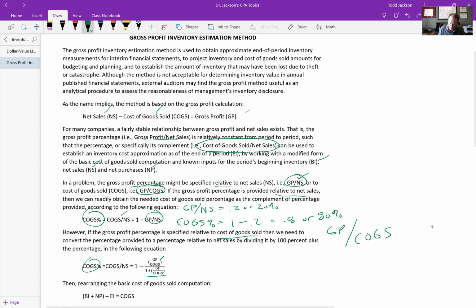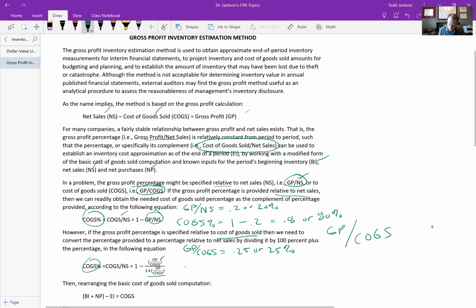But what if our gross profit percentage was provided to us relative to cost of goods sold, and that amount was given to us as 25%, so 0.25 or 25%.